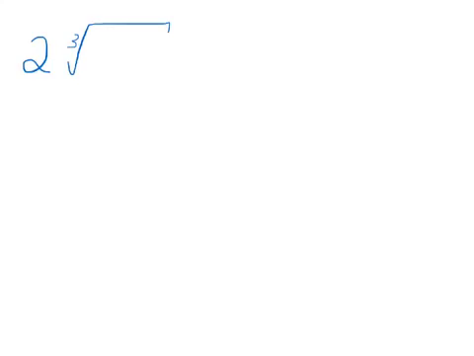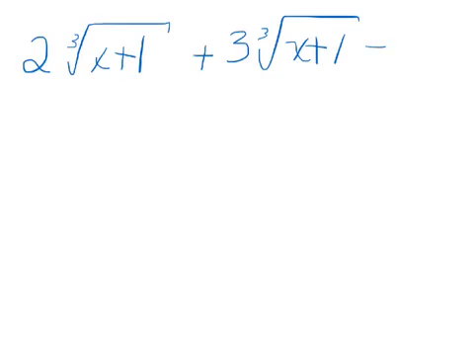So say we have 2 times the cube root of x plus 1, plus 3 times the cube root of x plus 1, minus 4 equals 6. Would this be on the test? This is a perfect example, sure.